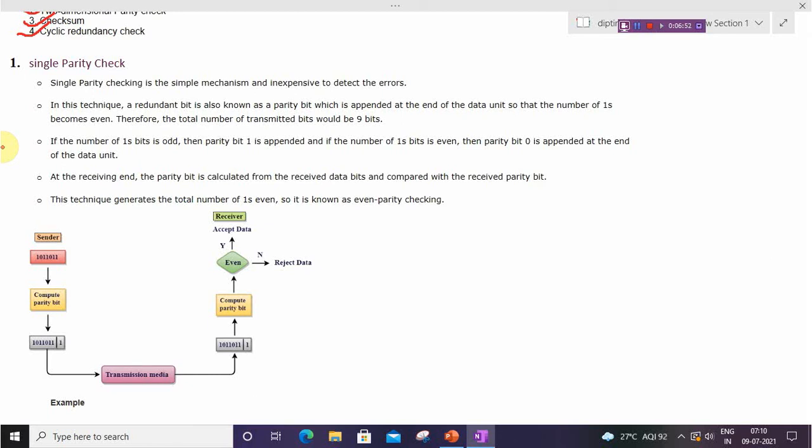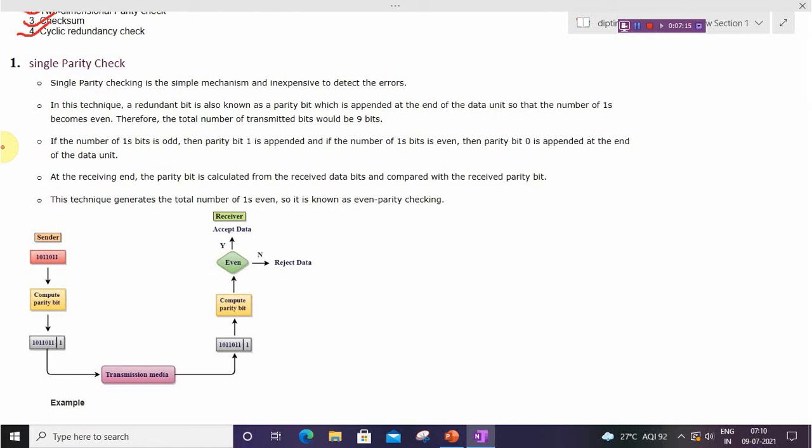Therefore, the total number of transmitted bits would be 9 bits. Means if the data is of 8 bits, then an extra parity bit is added and the transmitted bits are 9 bits. And in even parity, we check the number of ones.